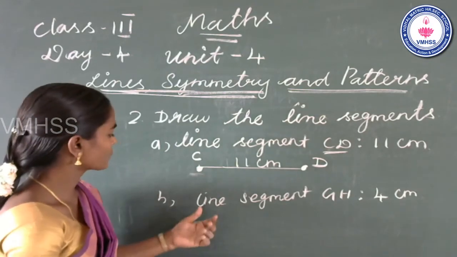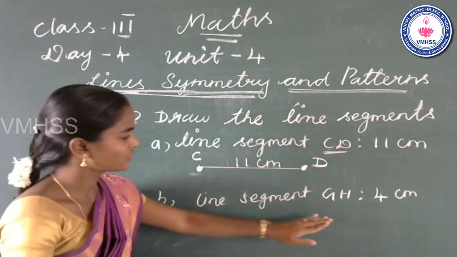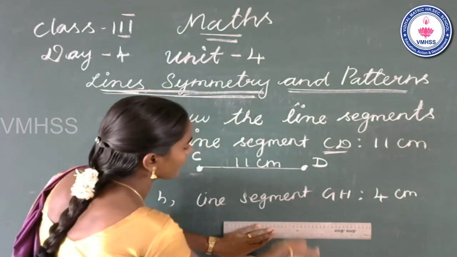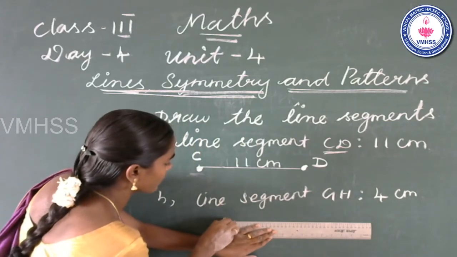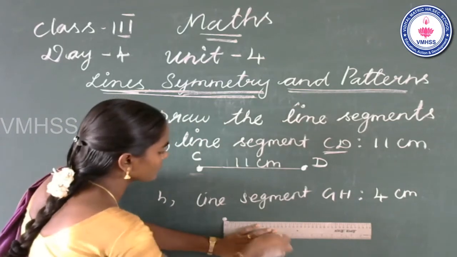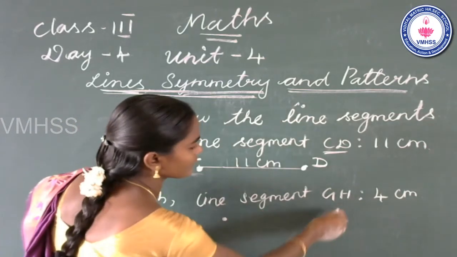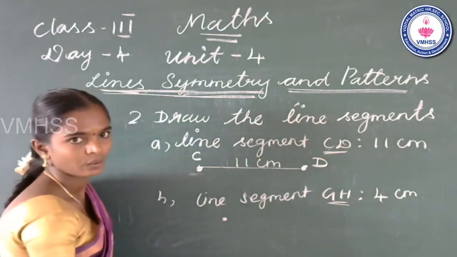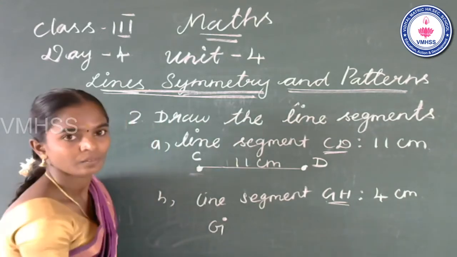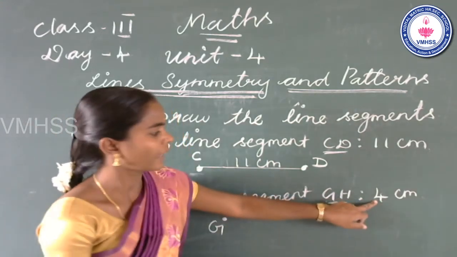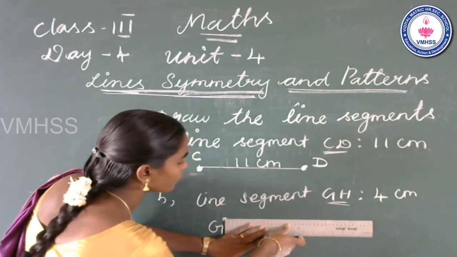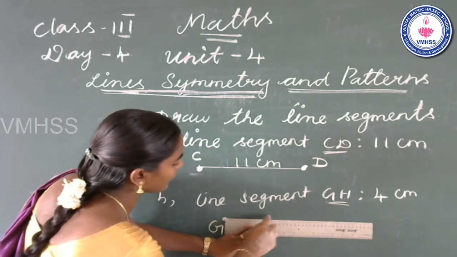Children listen, next B question, listen here. Line segment GH 4 centimeter. First place the ruler at 0 centimeter. So this line segment is GH. Start point G. So mark the point named G. Next this line segment length is 4 centimeter. So we count the number 4. Children, 1 2 3 4.